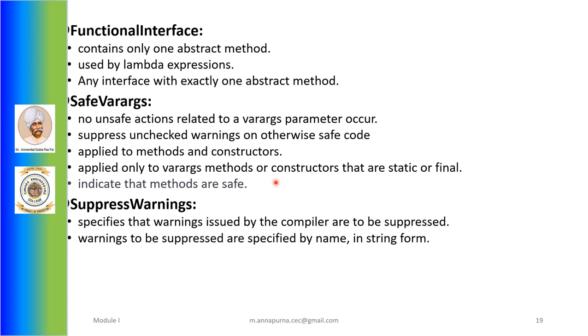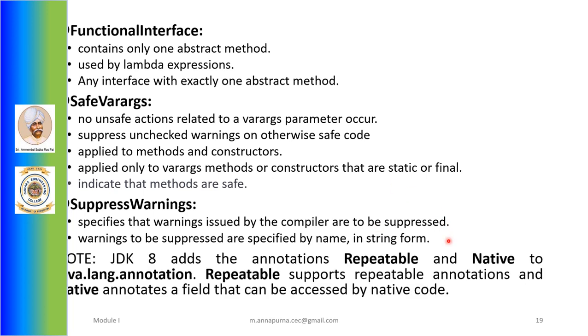@SuppressWarnings. This is a built-in annotation that specifies that one or more warnings that might be issued by the compiler are to be suppressed. The warnings that are to be suppressed are specified by name in their string form.